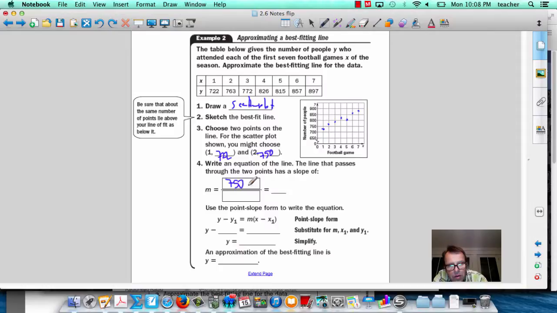750 minus 722, we need the slope over 2 minus 1. It looks like we get a slope of 28.